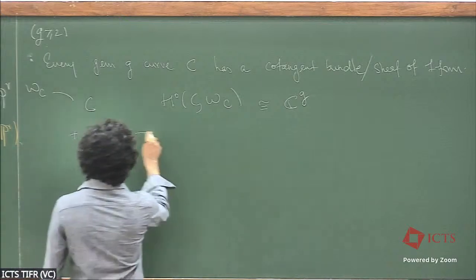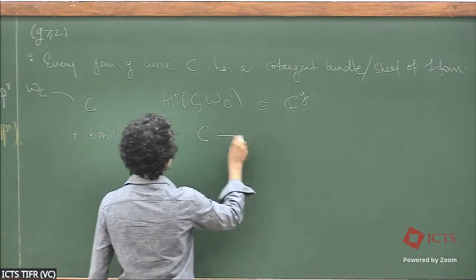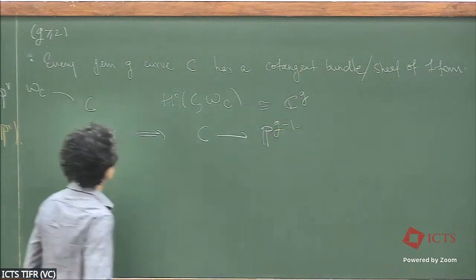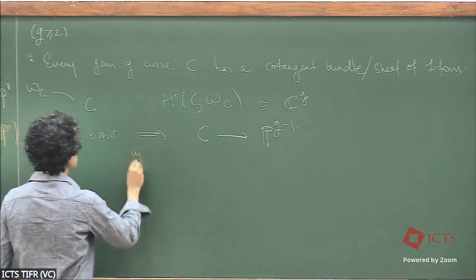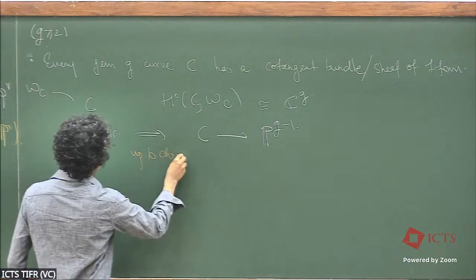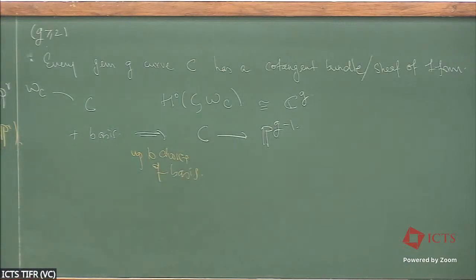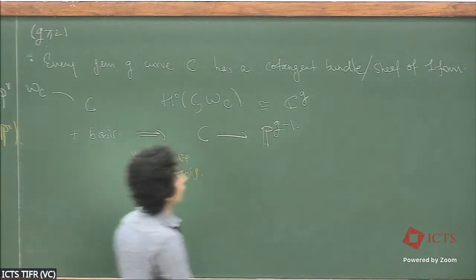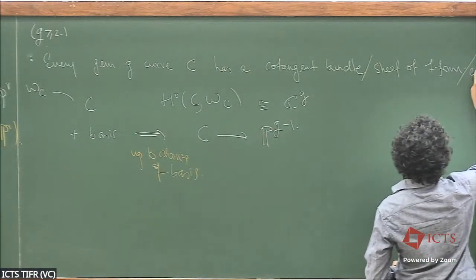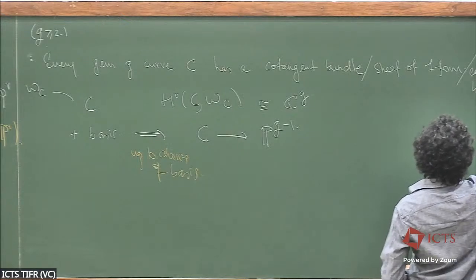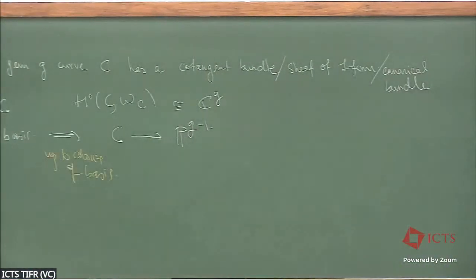And so as an outcome, you get a map, it turns out to actually be a map, to projective space after a choice of basis. Okay. So for this reason, or for some other reason, we tend to call this the canonical bundle. Okay, these are all the same word, at least for smooth projective curves.